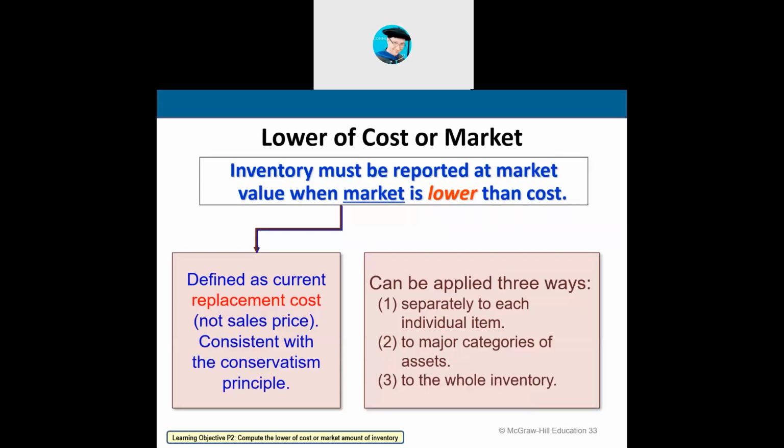It's called a replacement cost. And what this tells us is the lower of the cost or market represents what we call a replacement cost, which has to do with replacing the value of that inventory.